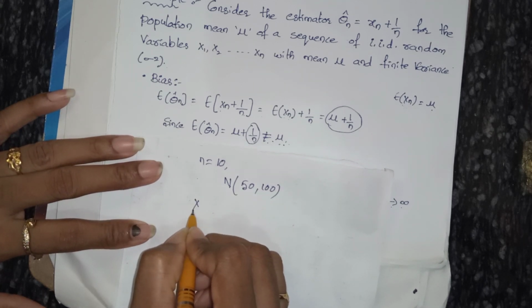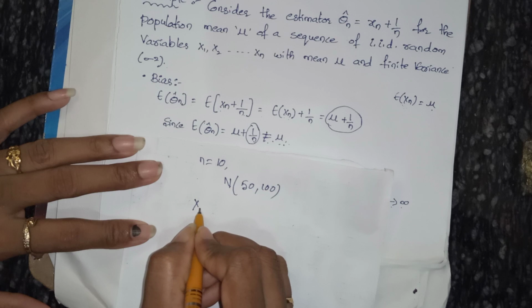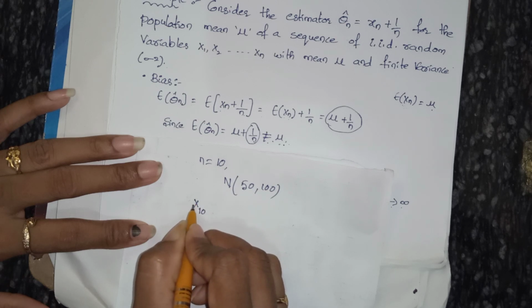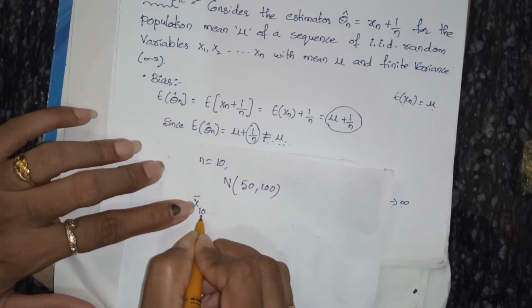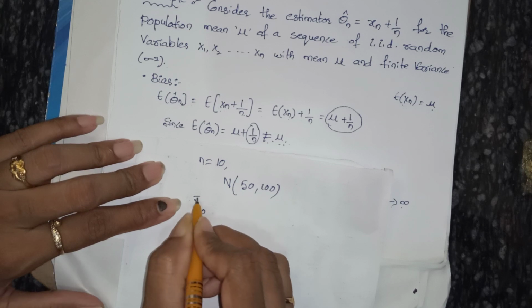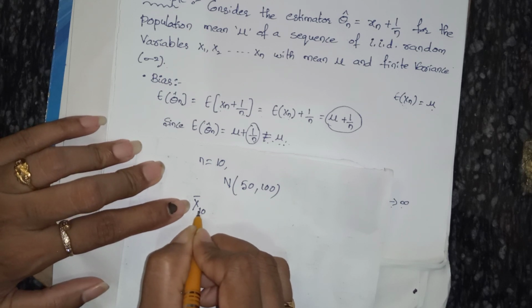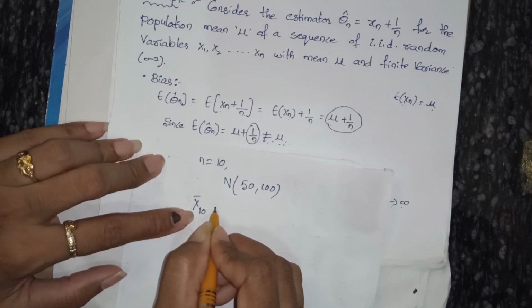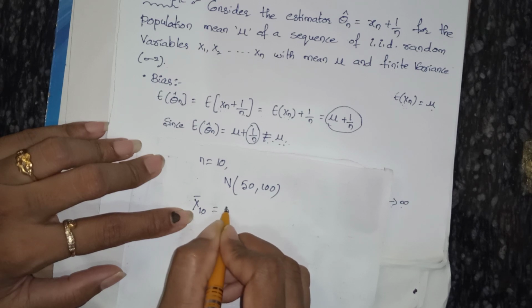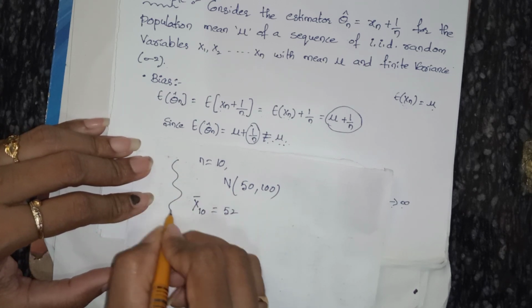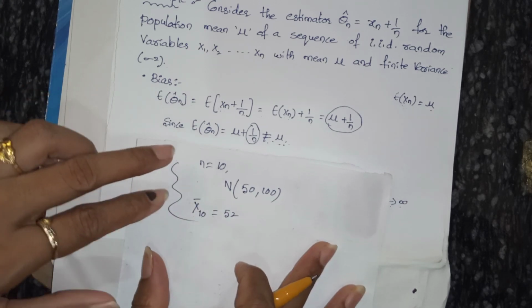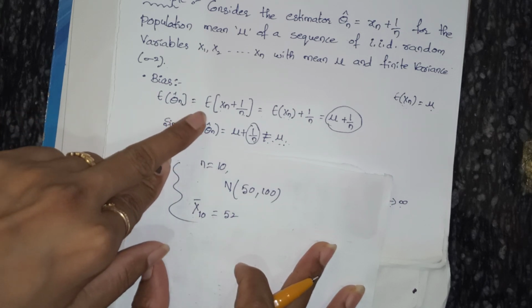All these are our assumptions only. Its sample mean, Xn, with n kept as 10, I am taking as 52.